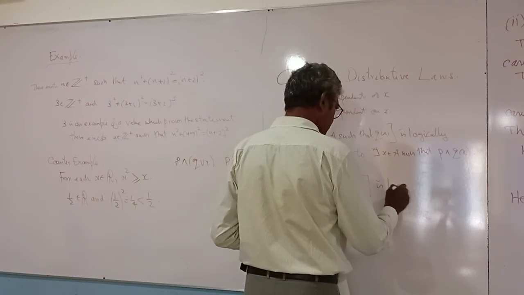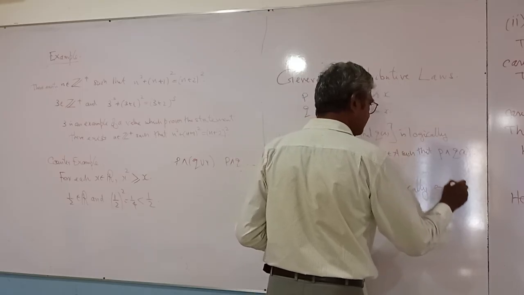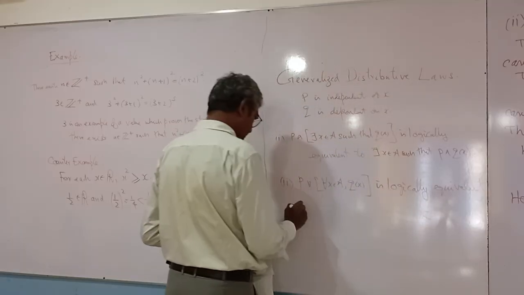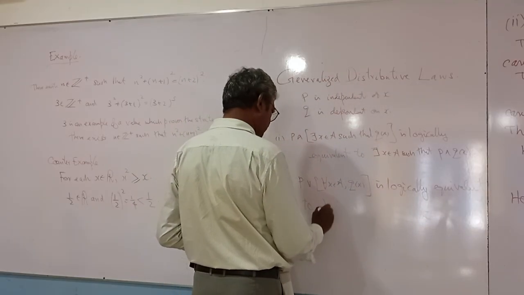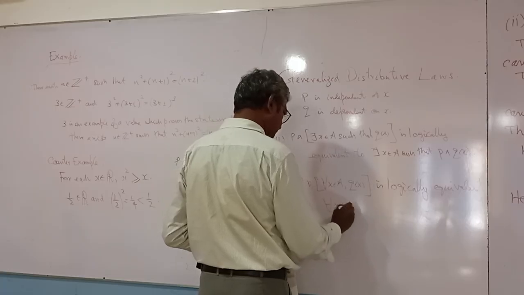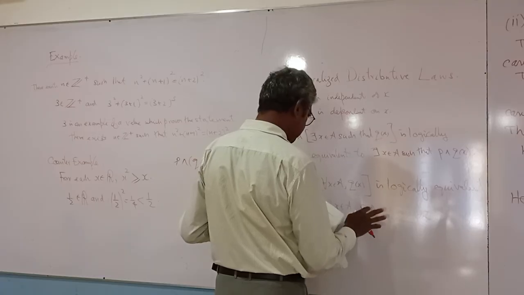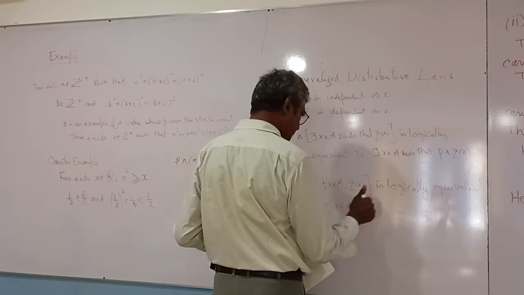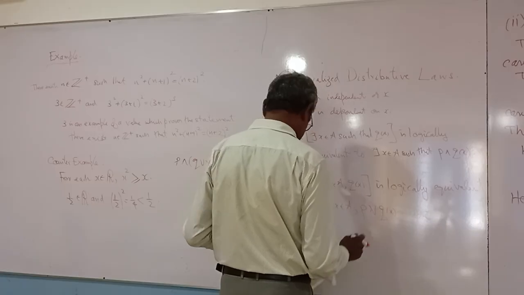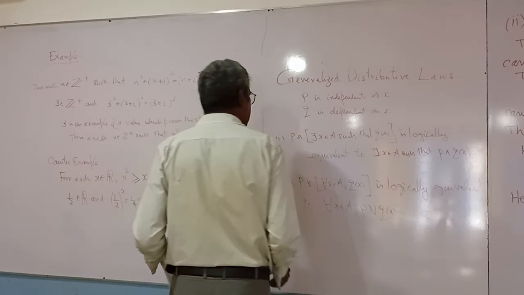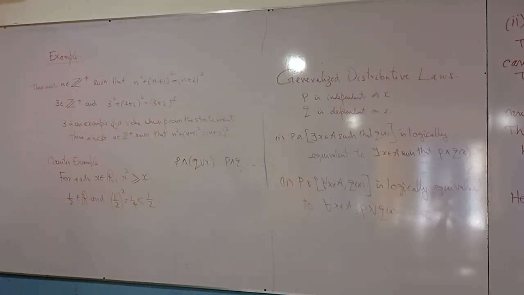It's logically equivalent to, but for each X belongs to A, P and Qx, P or Qx. We should just go through the proof without writing the words.